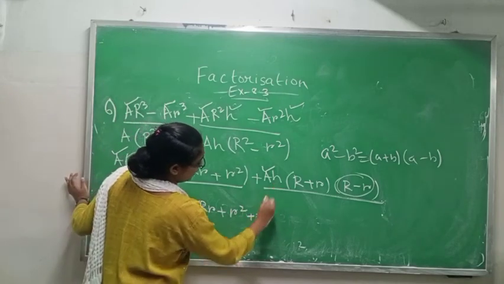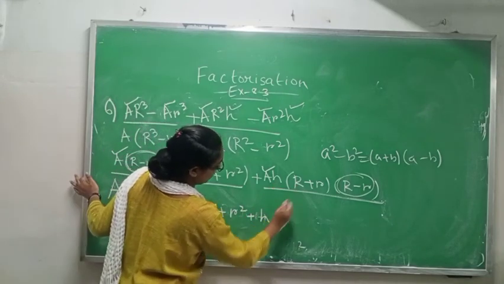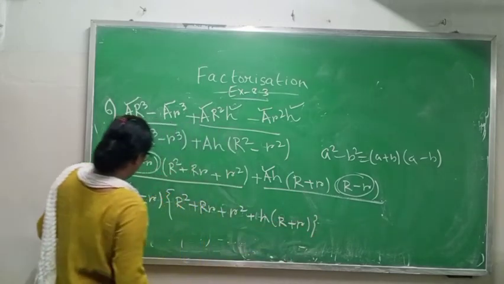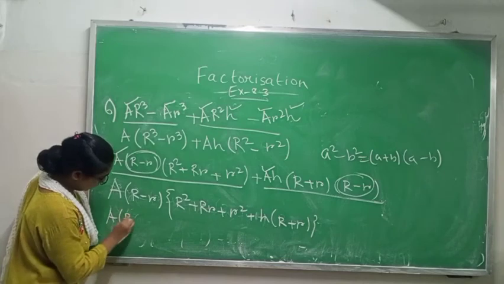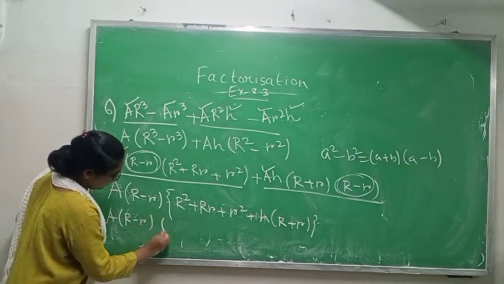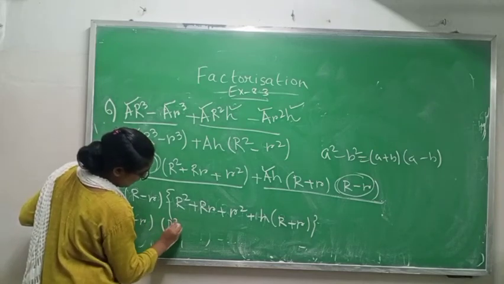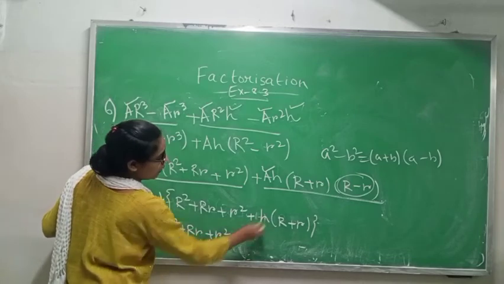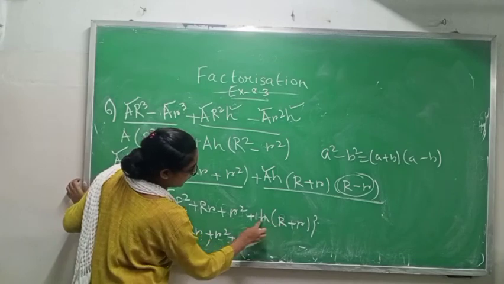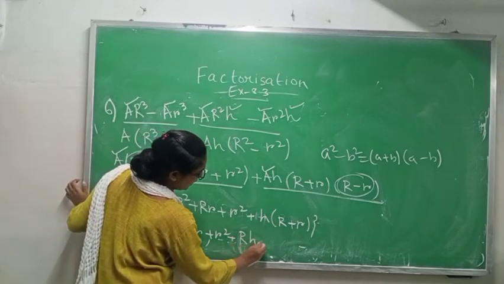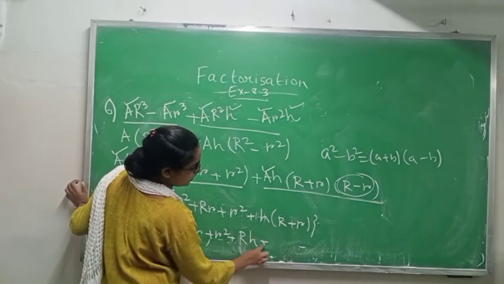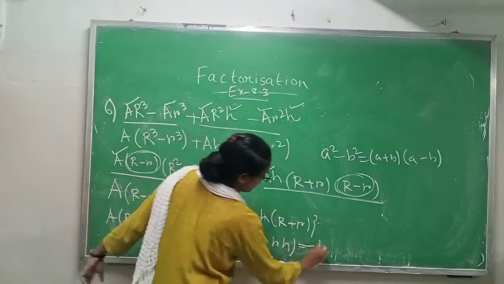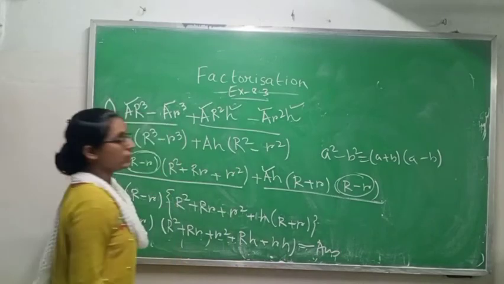Here only h is left, and one more thing, R plus r. Now after that there is only one step. R square plus Rr plus r square. These h will multiply, it will give capital R h plus r h. This one will be your answer.